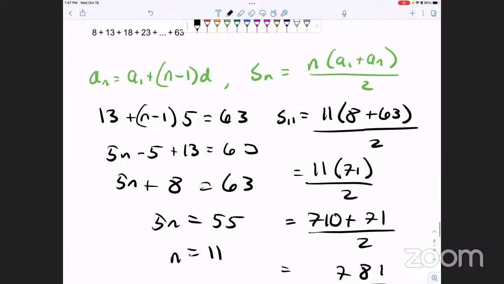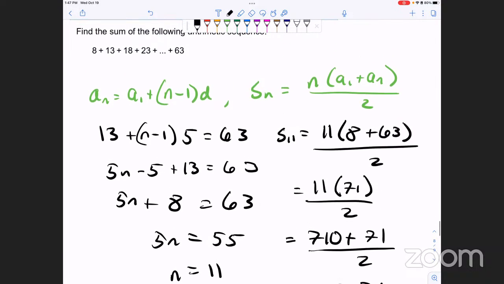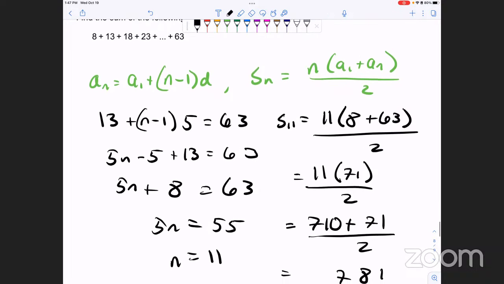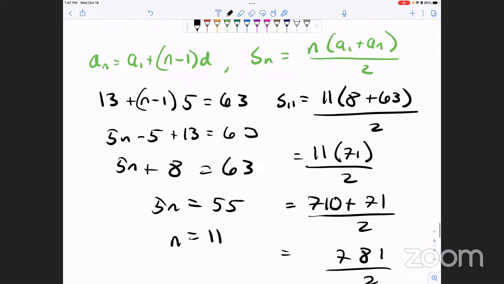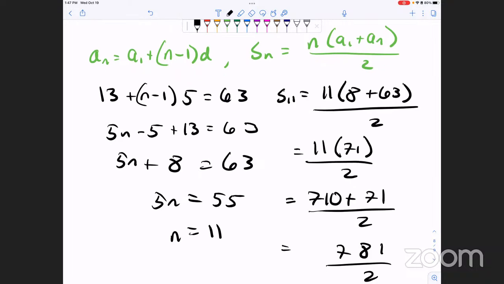The sum of the first 11 terms. 8 plus 63 times 11 over 2. That's 71. 710 plus 71. I am doing something wrong somewhere.